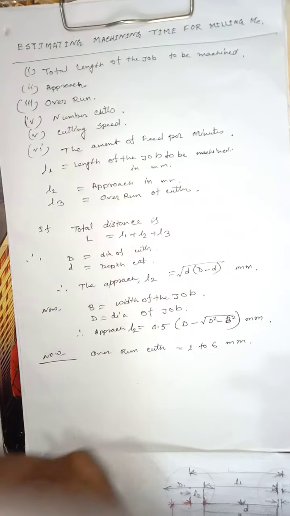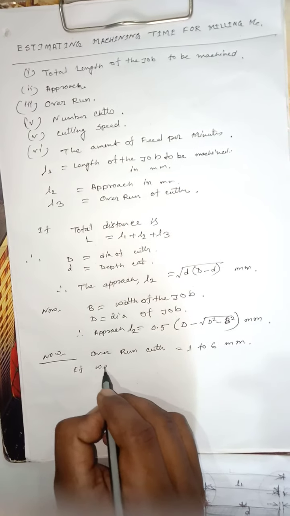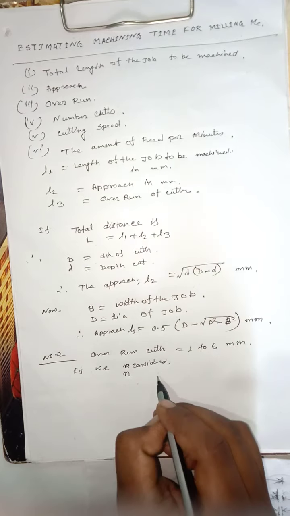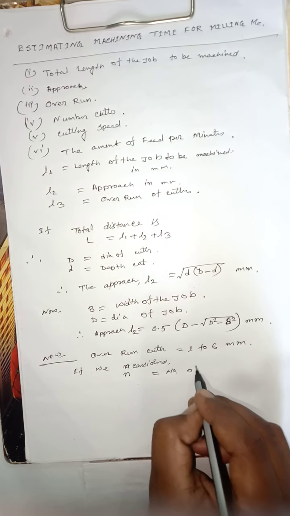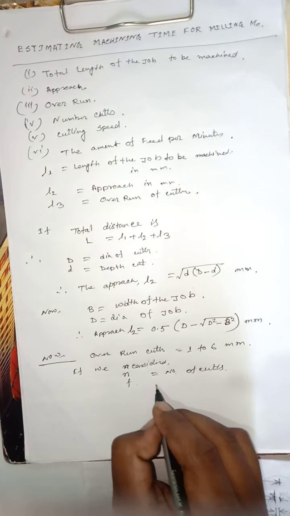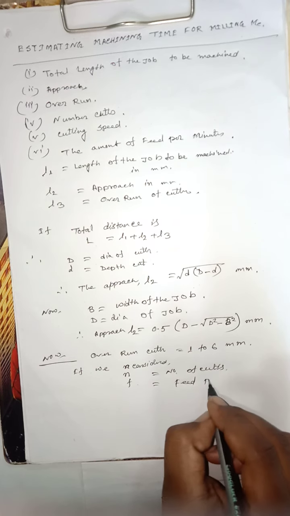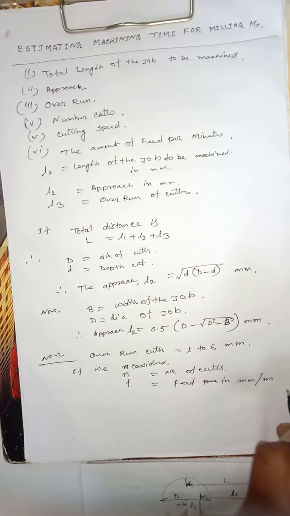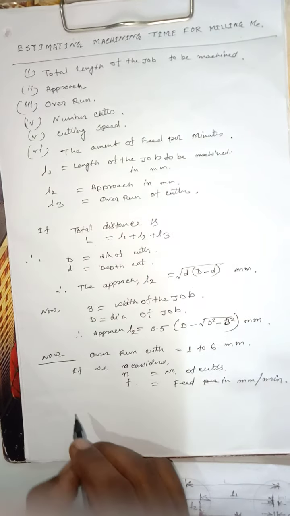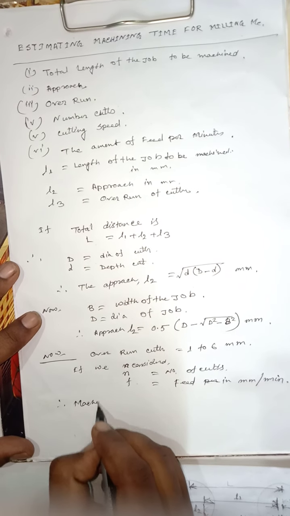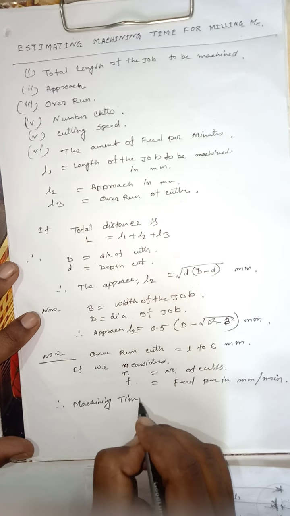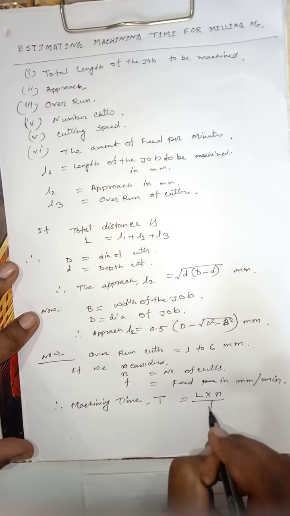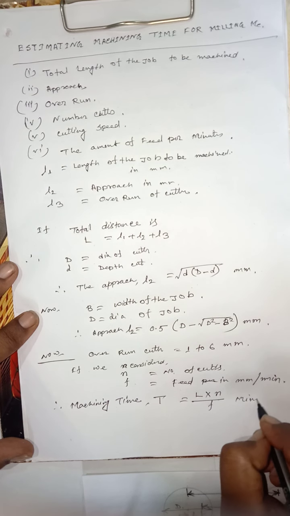If we consider small n is equal to number of cuts and F is equal to feed in millimeter per minute, then the machining time T is equal to L into n by F, and the unit is minutes.